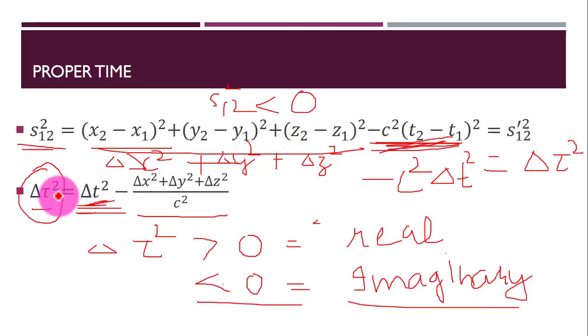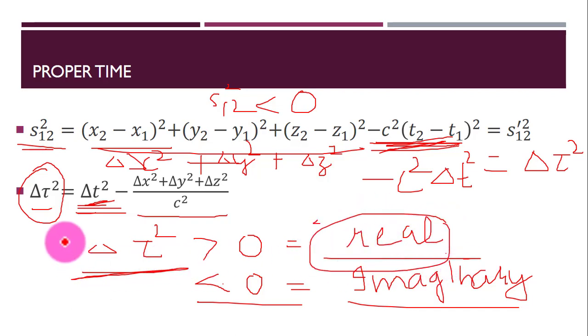Whatever notation you choose, always find this proper time term and define the space-like interval where the proper time is real. For the time-like interval, the proper time is going to be real, and for the space-like interval, the proper time is going to be imaginary.